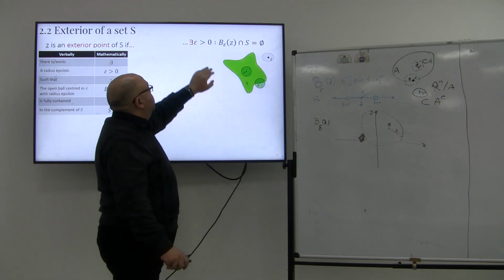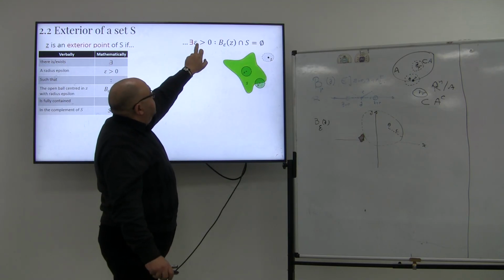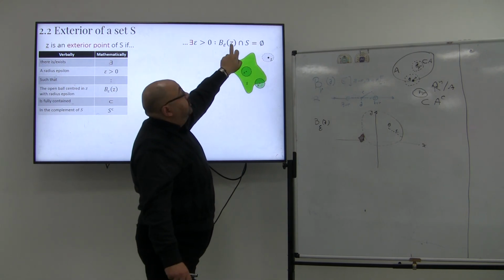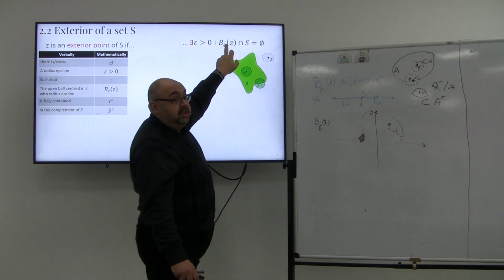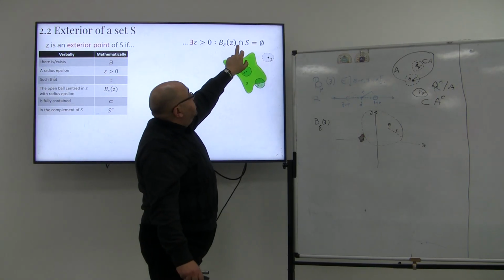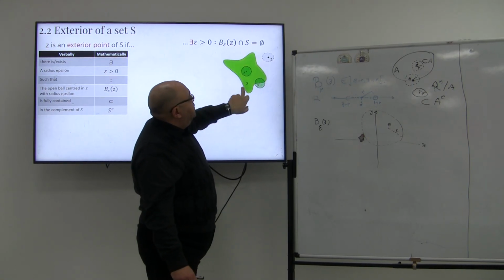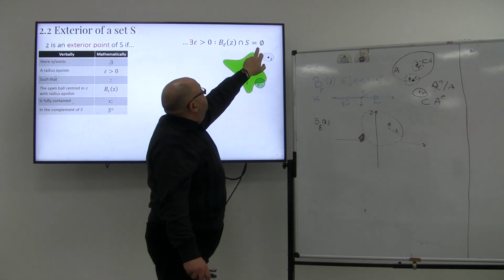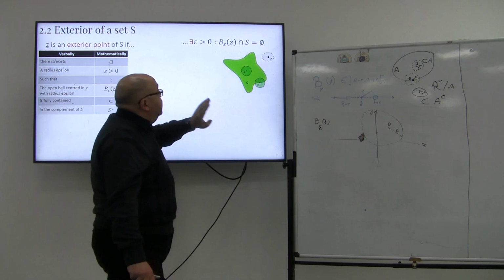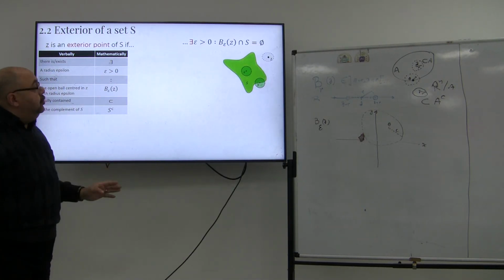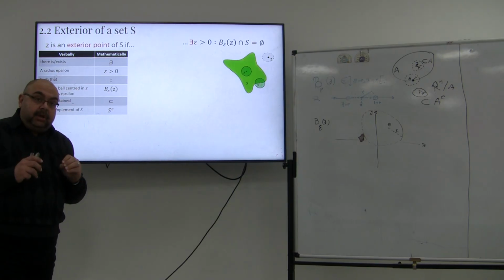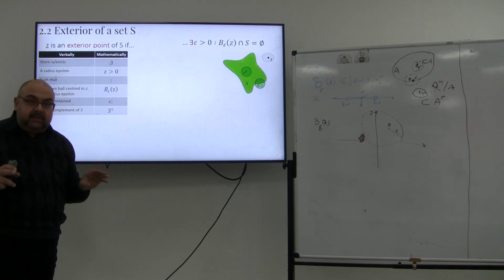So there exists epsilon greater than 0 such that the ball around it with radius epsilon, its intersection with S, is equal to phi. That's the meaning of the exterior of a set. If you try to get the intersection, it's going to be an empty set.